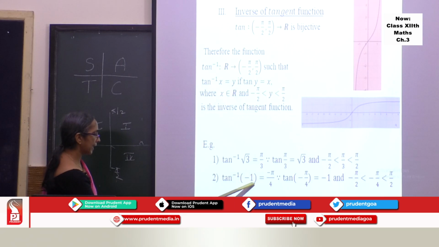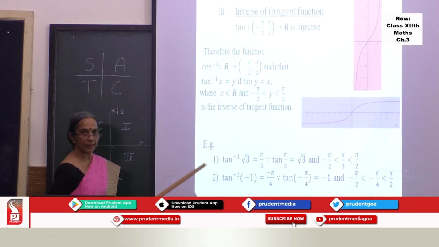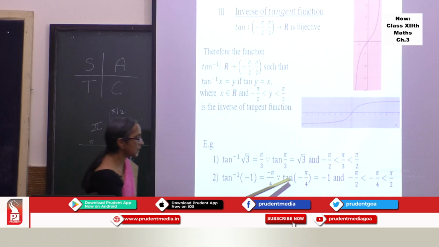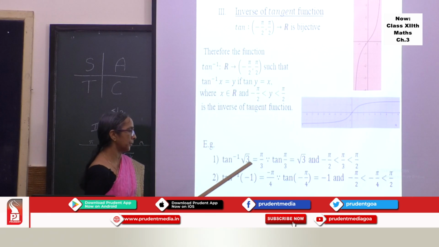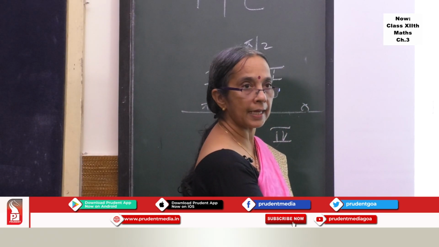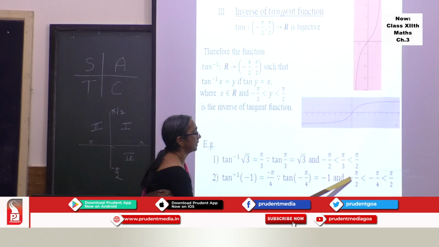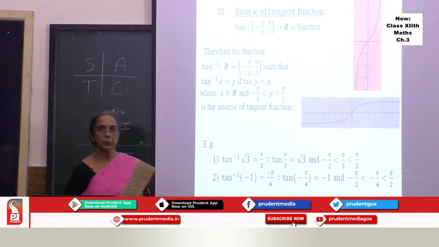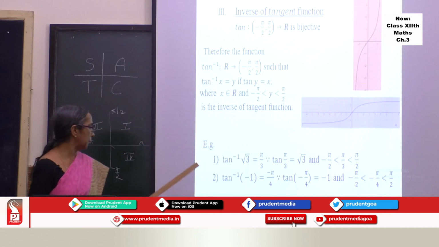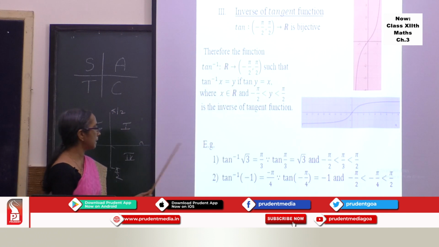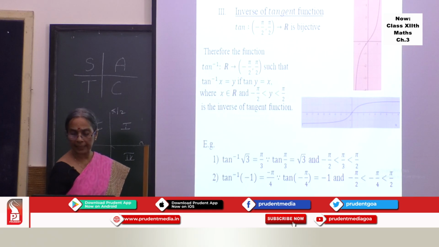And tan inverse of a negative value, negative pi by 4, because tan of negative pi by 4 is negative 1. And not only that, negative pi by 4 lies between minus pi by 2 and pi by 2. So, two examples, one positive, one negative.